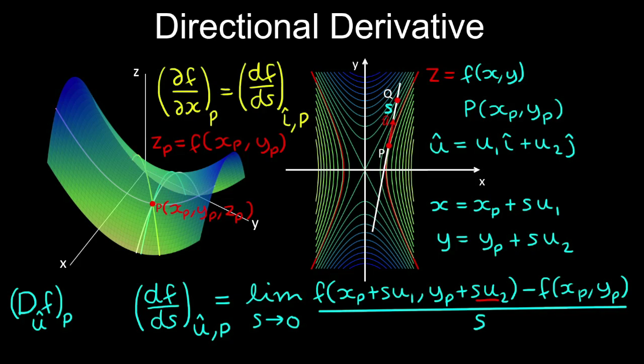So essentially if we cut a plane out of this surface that's parallel to the unit vector and passes through point P, so the plane's parallel to the unit vector u hat, then the plane intersects this surface in a curve. So the rate of change of the function in the direction of u is the slope of the tangent to this curve at the point P. So essentially u hat and the unit vector in the z direction form a right-handed coordinate system.